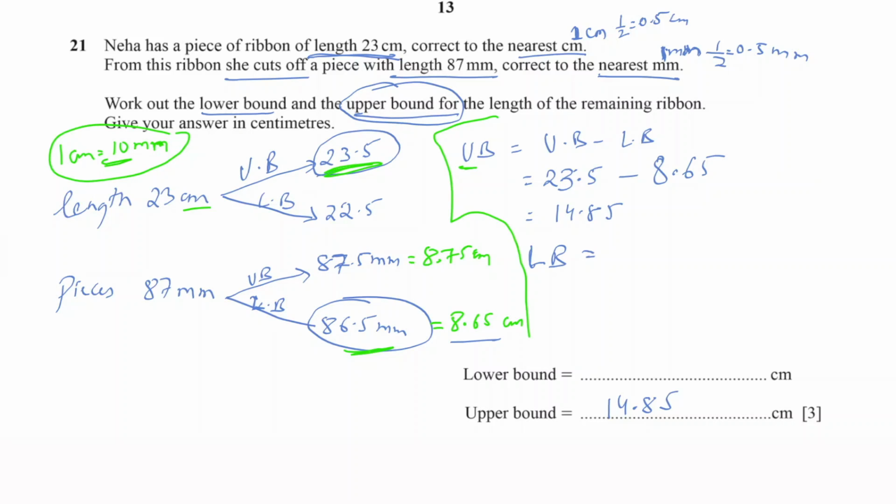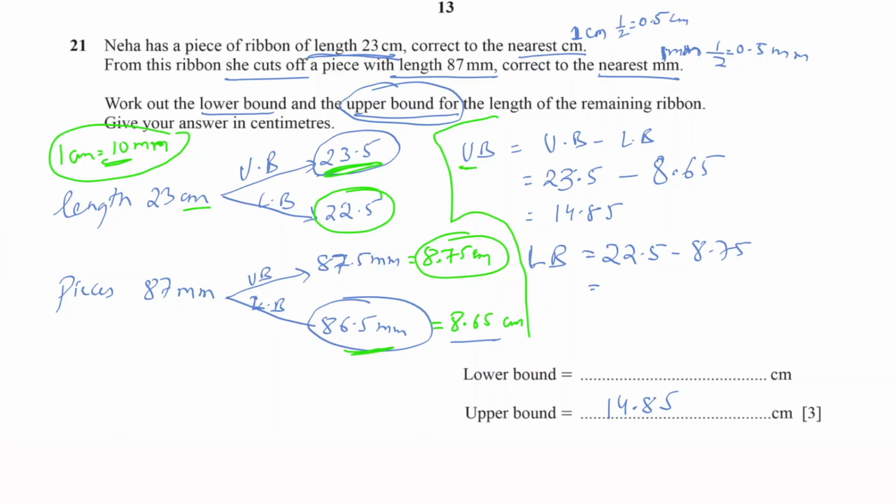So what is the lower bound? The lower bound is this one, that is 22.5, and we have to subtract the upper bound from it. The upper bound is this one, I have to take this because that's converted into centimeter. So that is 8.75. I hope you understand why we have to do that.